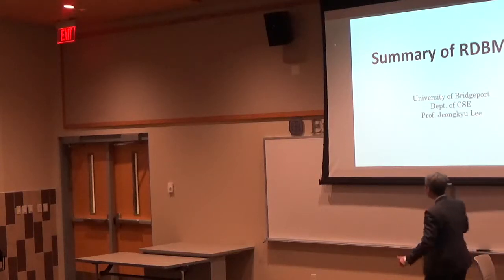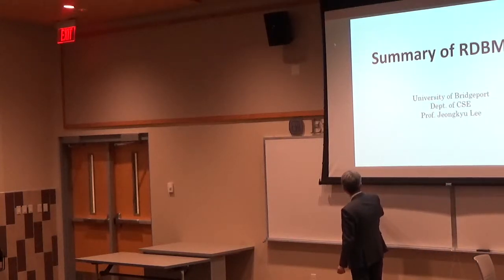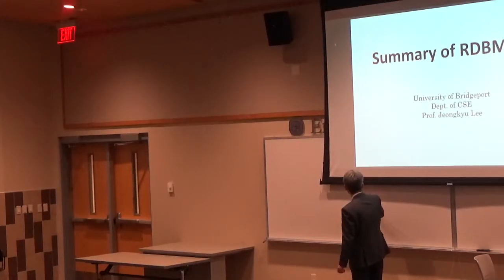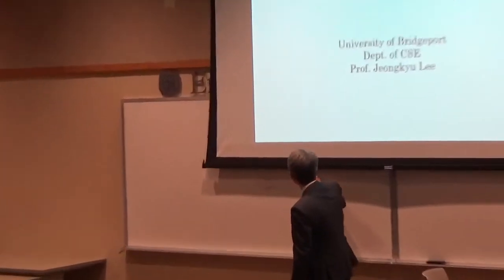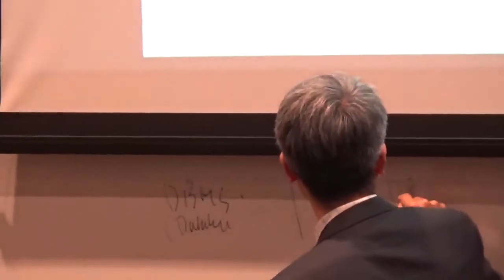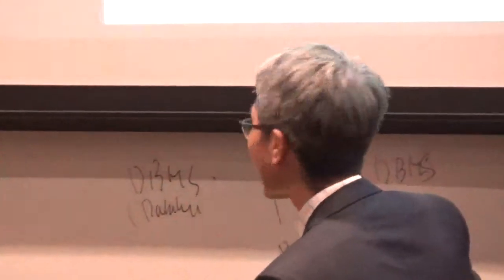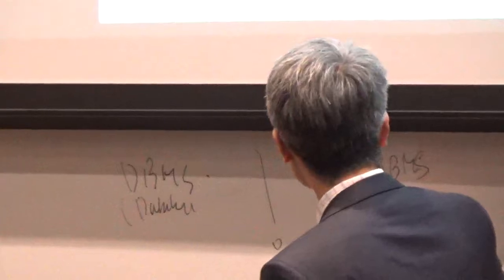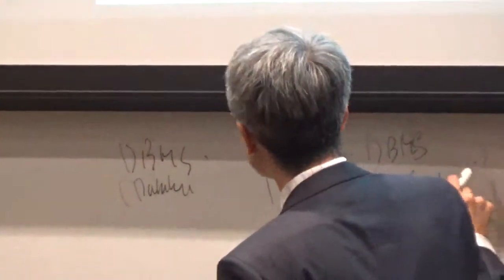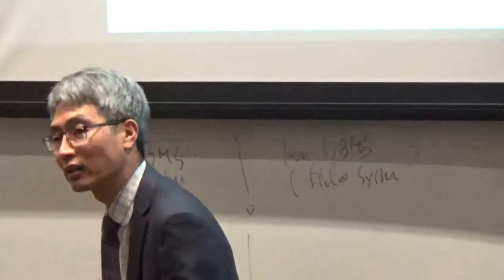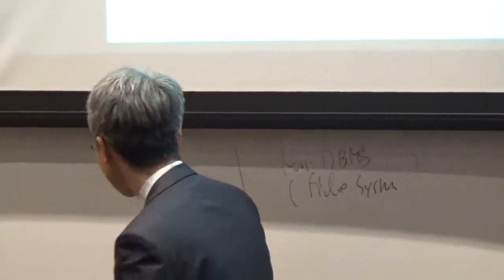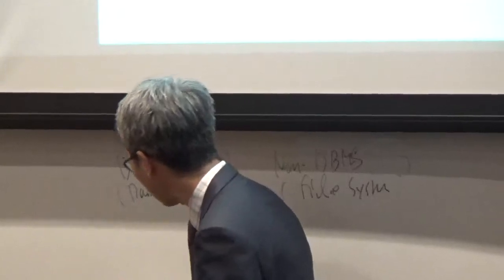Let's go back to, we are using the DBMS approach, database versus non-database. In other words, it's a file system. So we can manage the data as some model. For example, in case of a relational database, it's a table. So we put the data as a table.